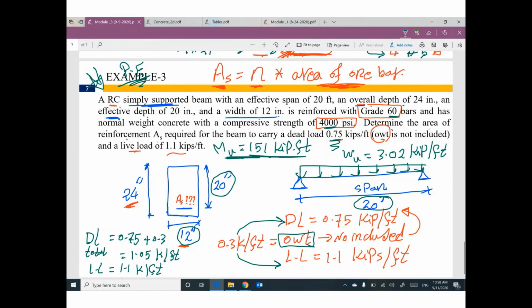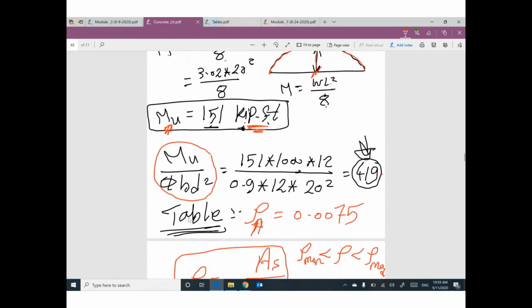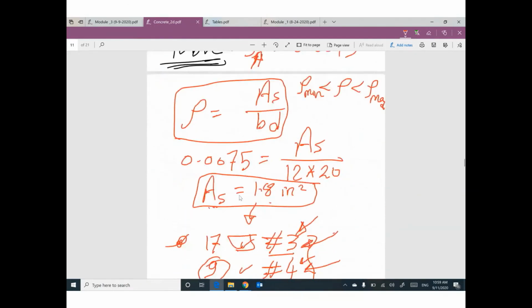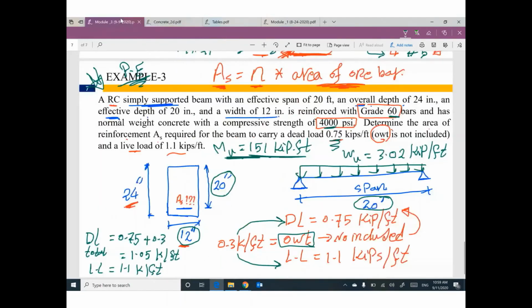You need to figure out the ultimate load, multiplying 1.2 dead load plus 1.6 live load. You need to get the M ultimate. You need to go to the table to figure out rho. You need to check it. You need to get the area of steel. You need to convert it to how many bars from the bar size. And you need to solve this problem in 6 minutes only.